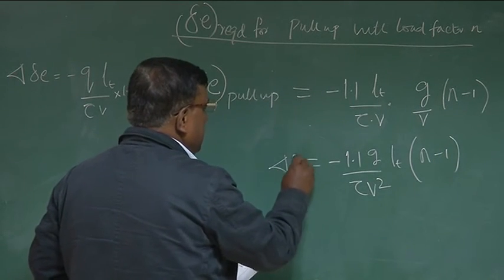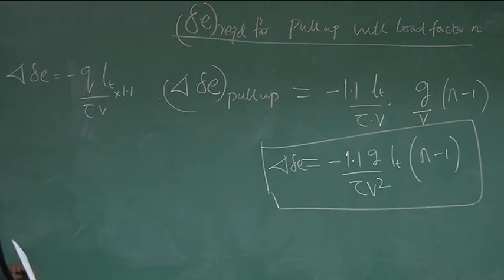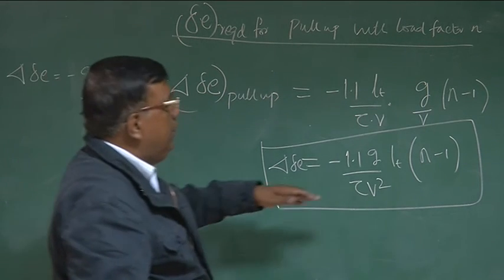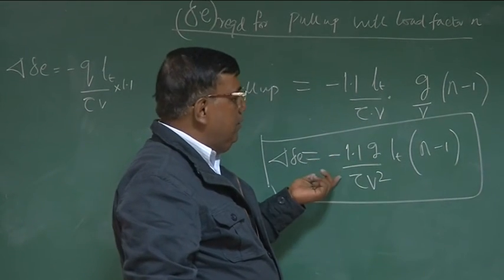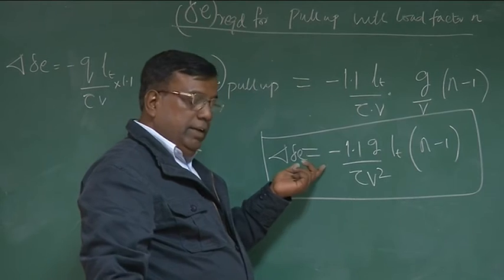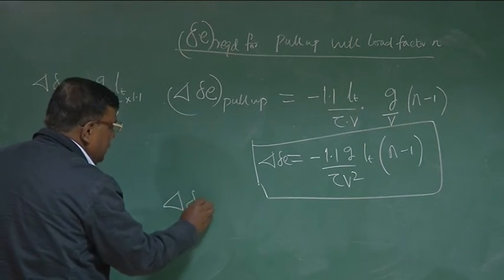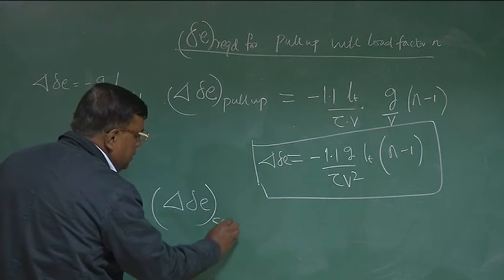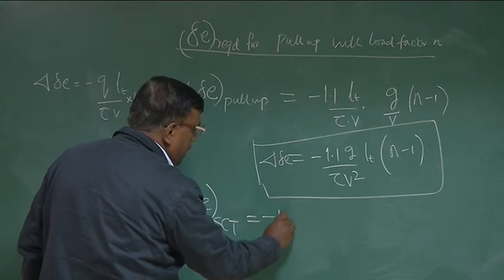This is the delta E required for pull-up, meaning thereby that for a given velocity, if you are going for a pull-up, over and above your cruise delta E, I have to give this much elevator deflection up. Similarly, delta delta E for a steady coordinated turn will again be minus 1.1.